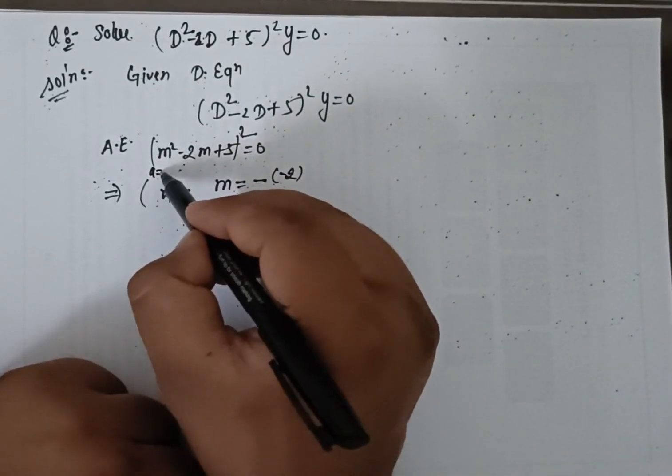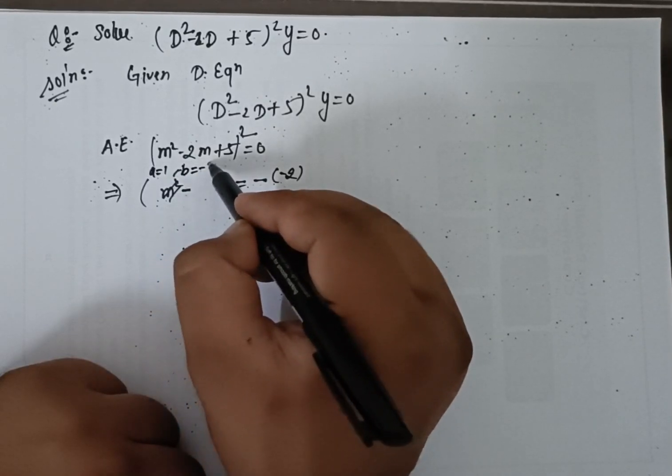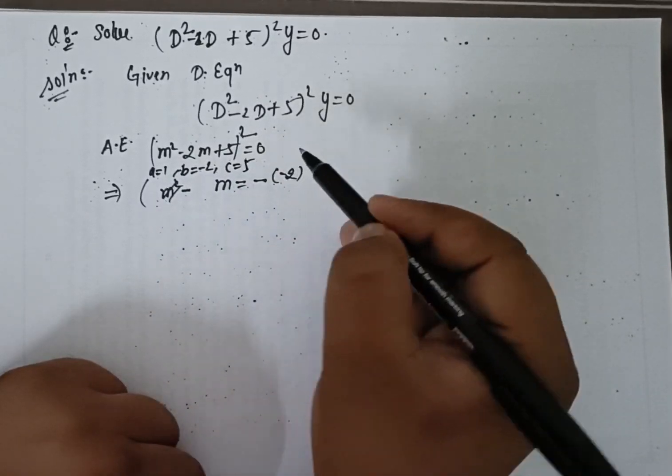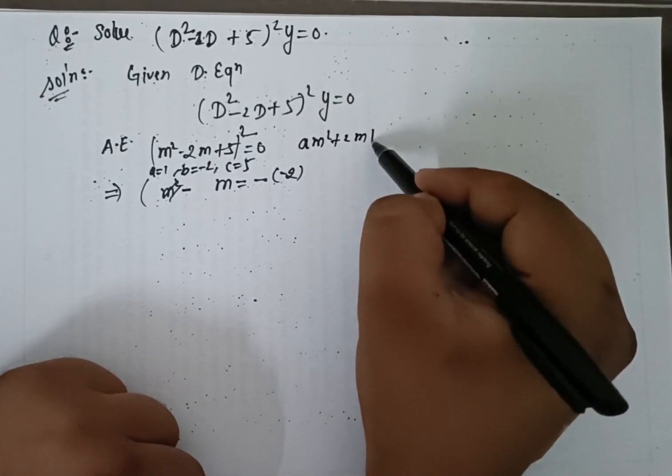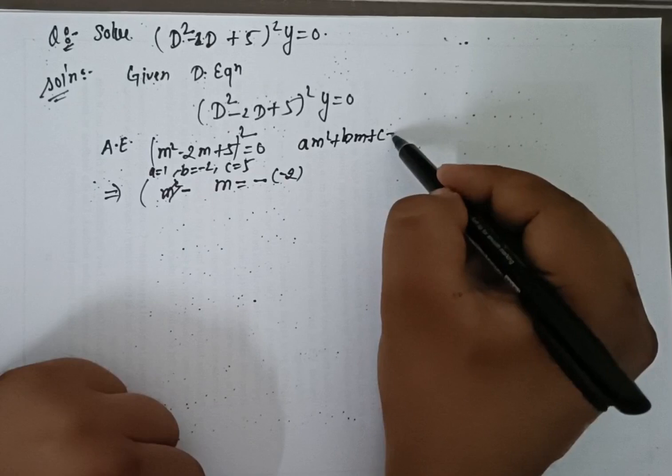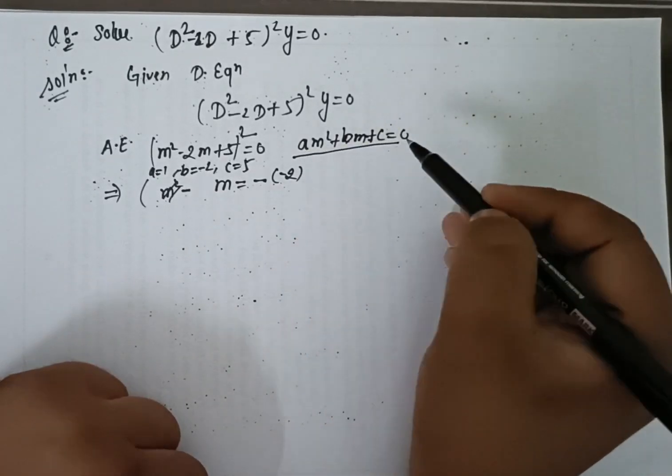The value of a is 1, the value of b is minus 2 and the value of c is 5, on comparing with a m square plus b m plus c equals 0, which is a quadratic equation.